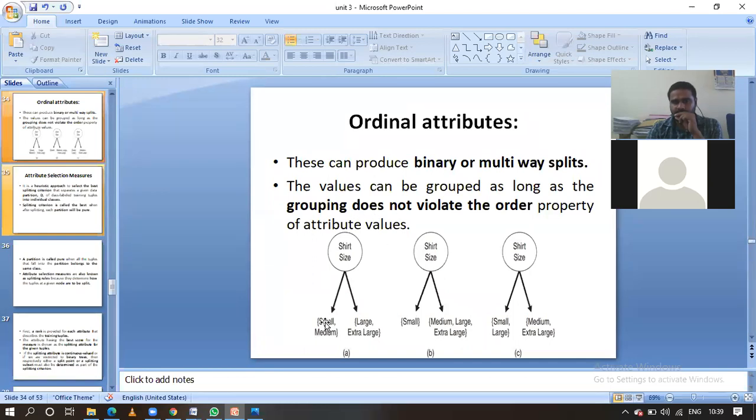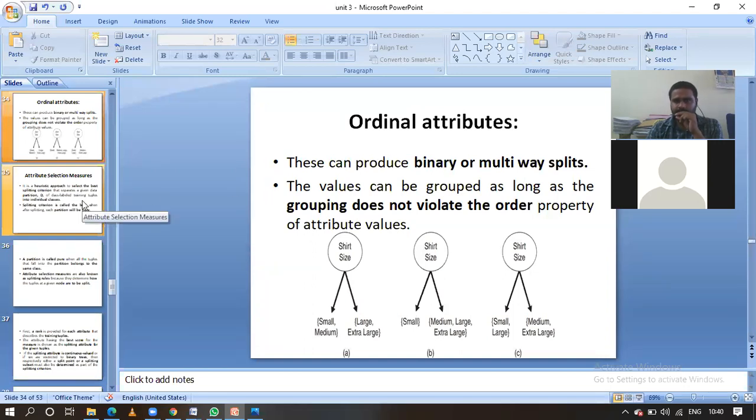Like small, medium, large, extra large, we have to represent it in that order in ordinal attributes. We can represent ordinal attributes in a binary way or multi-way splits. Binary means only two outputs, multi-way means it will have a different output for each value of the particular attribute.